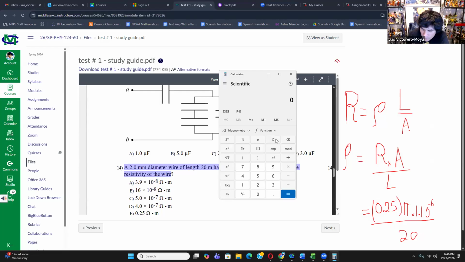It's R times the area, which is pi times 10 to the negative 6, divided by 20. So 0.039 times 10 to the negative 6. If I want 10 to the negative 8, I multiply by 100 here, so 3.9 times 10 to the negative 8. So the answer is A.